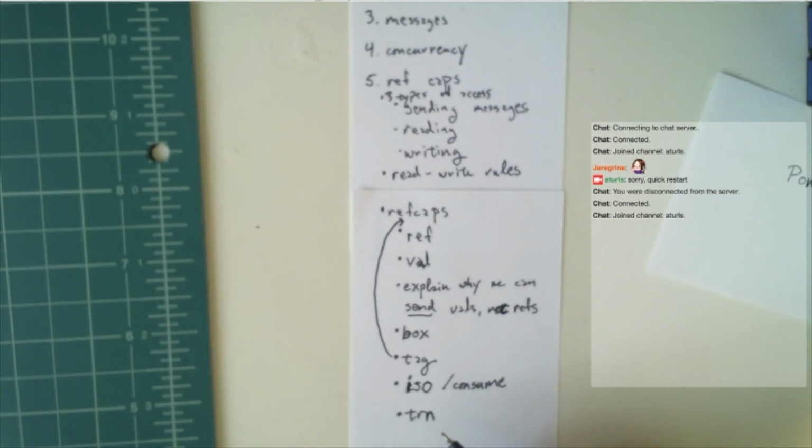And so it's kind of like ISO, but not quite as restrictive, in the sense that, again, there could still be readable references floating around out there, but you're guaranteed that there are no more writable ones.